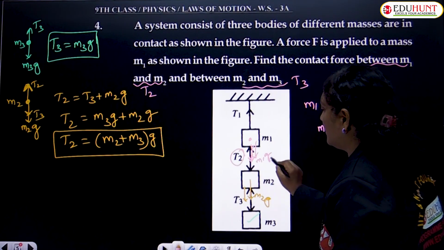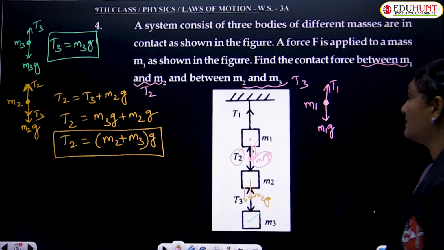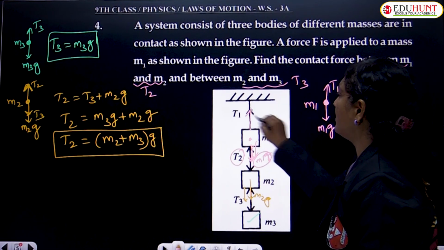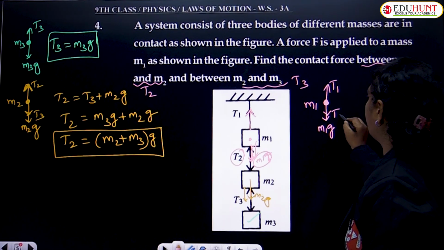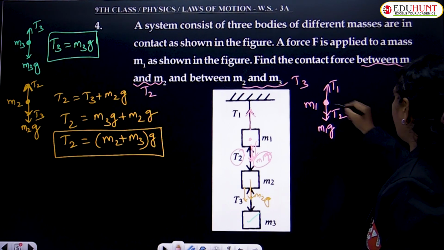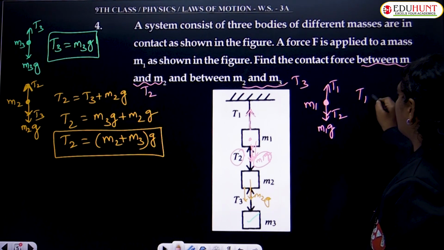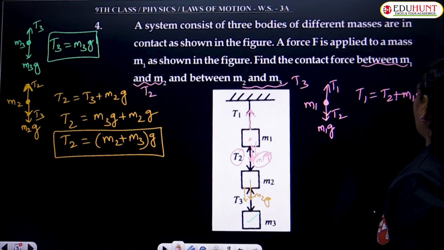So both T2 as well as m1g are acting downwards, whereas the upward force is only T1. Now writing the equation, the upward force must equal the downward force. So T1 must equal T2 plus m1g.